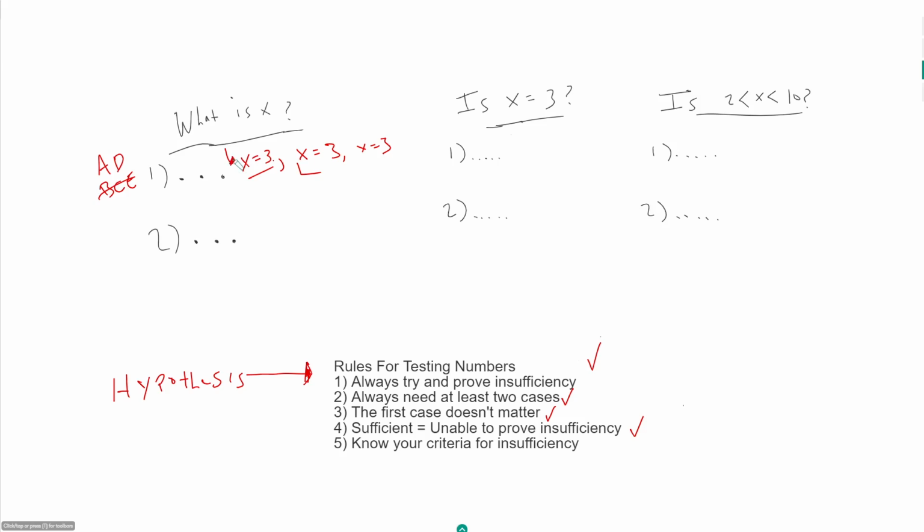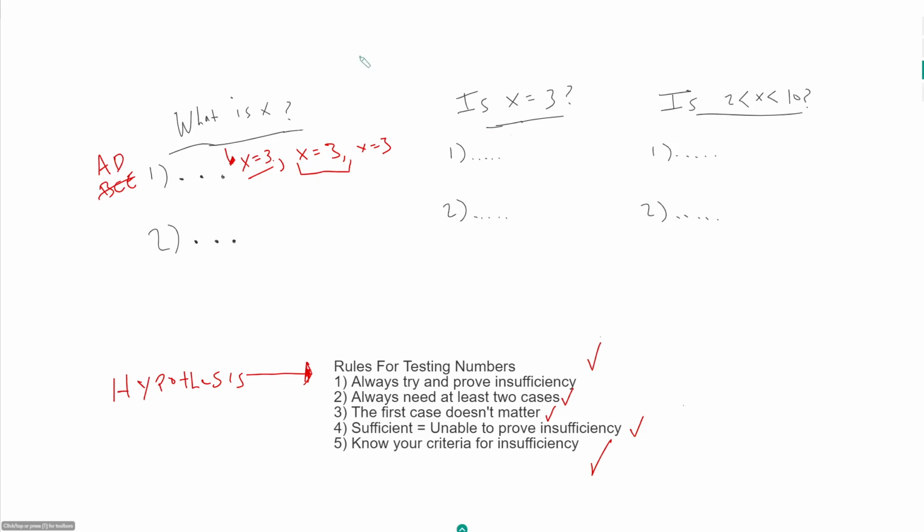You really would have been better off just guessing and saving that time. It is not until you get to your second example that you have a chance of proving anything. And then the last thing to keep in mind is you need to know your criteria when you are trying to prove insufficiency. So let's take a look at a different question.